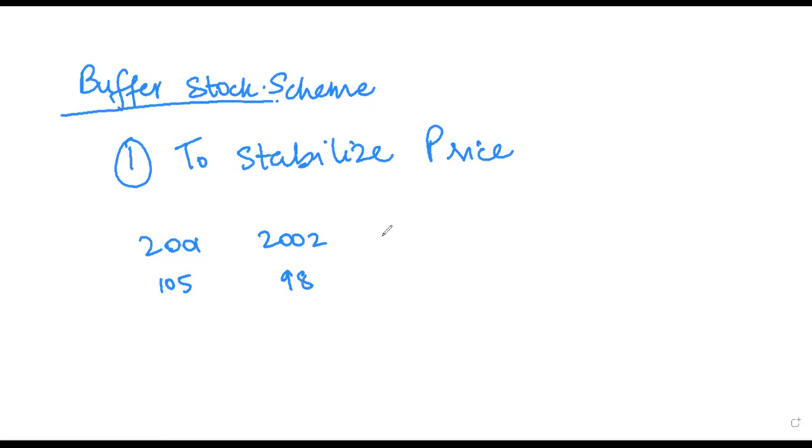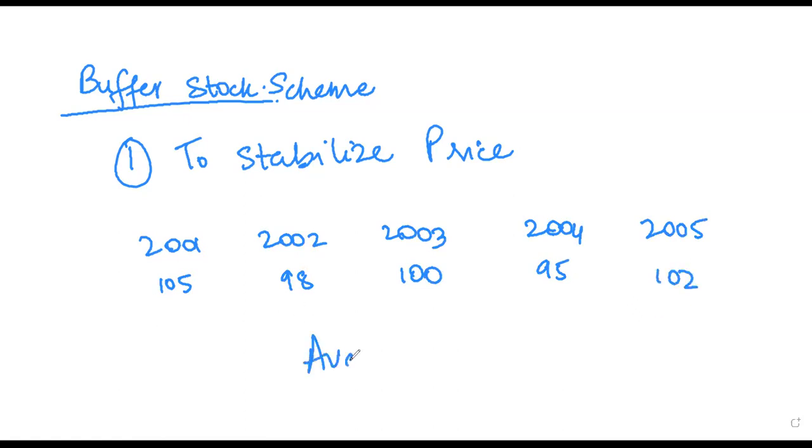I'm just giving you rough estimates. In 2003, the supply was 100 million tons. In 2004, it was 95, and in 2005, it was 102. So we take out the average, and we say that the average supply that needs to be given in the market is 100 million tons. The government will now fix a price which equates demand to long-term average supply.